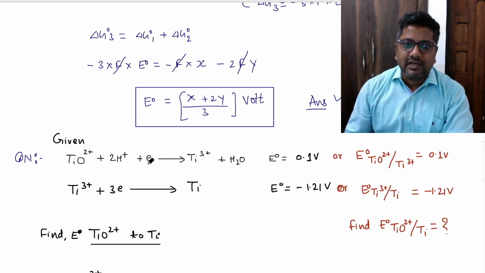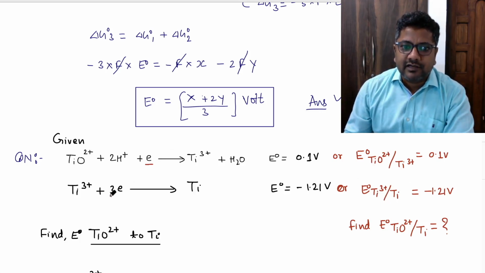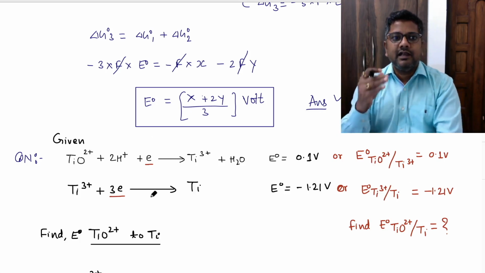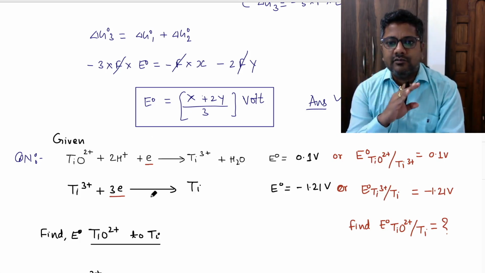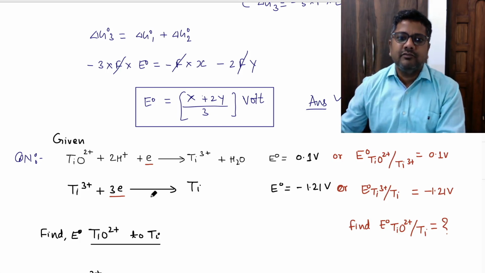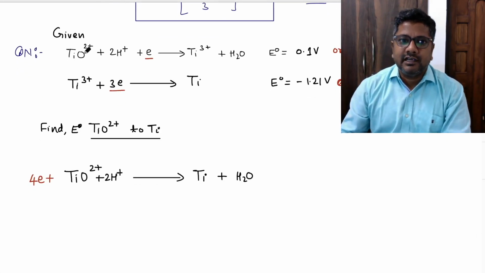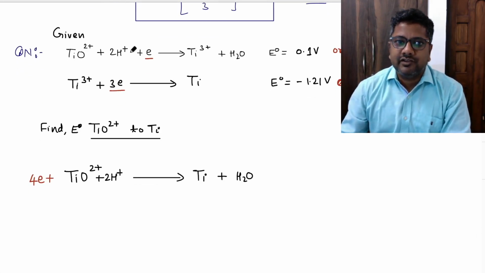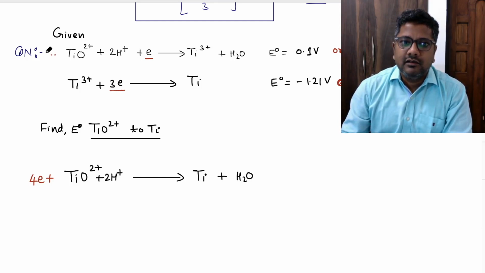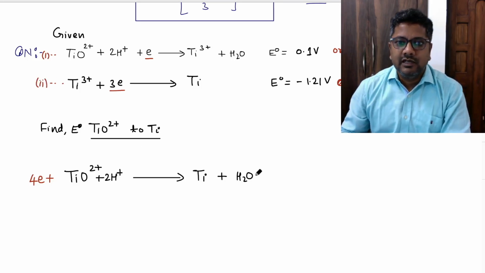Because finding the moles of electrons is very important, and until you have balanced the equation, you will not get the correct number of moles of electrons, right? So this is equation 1, this is equation 2, and this is equation 3, right?